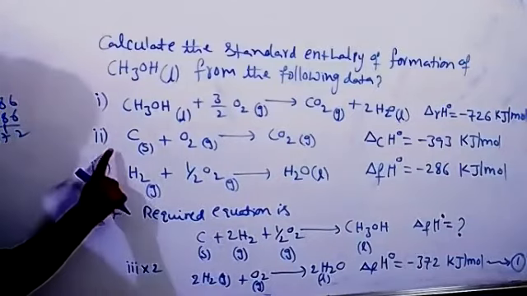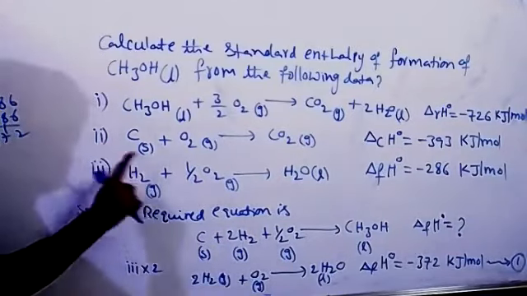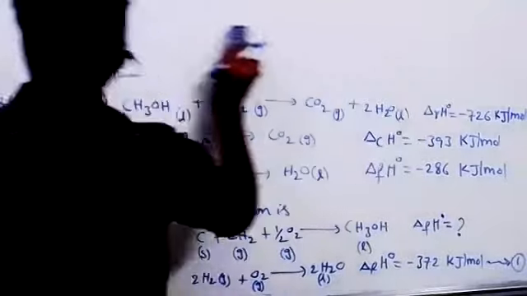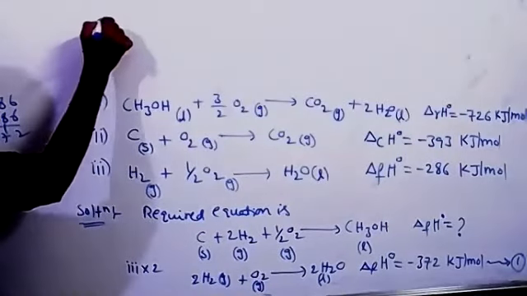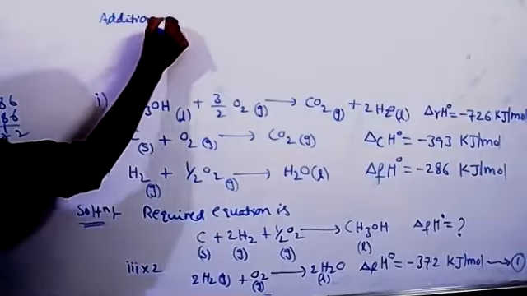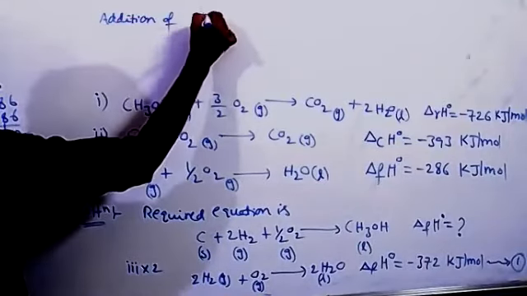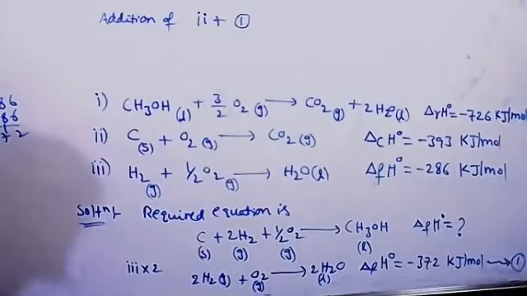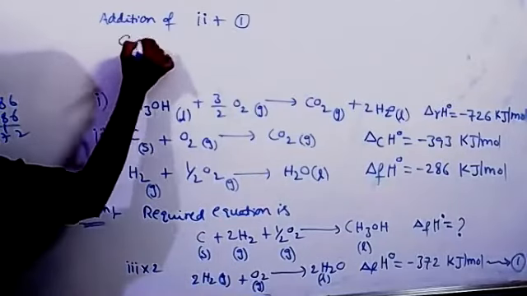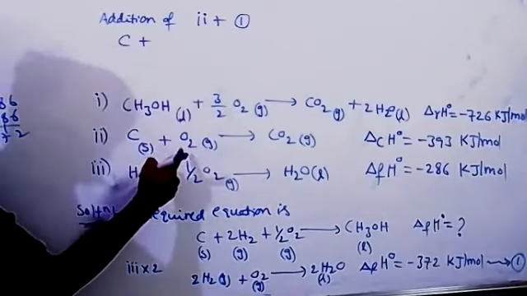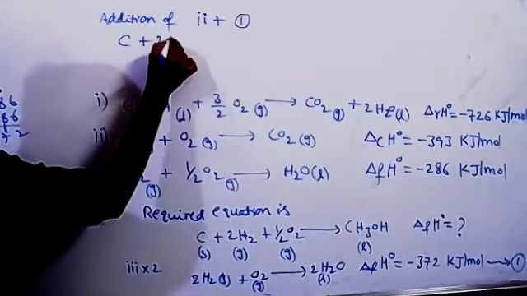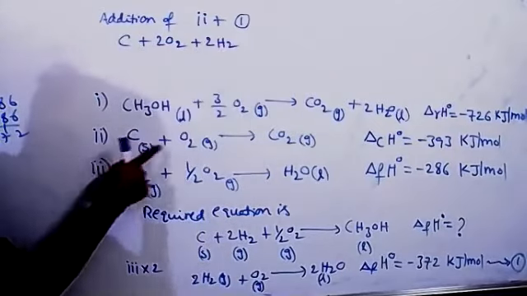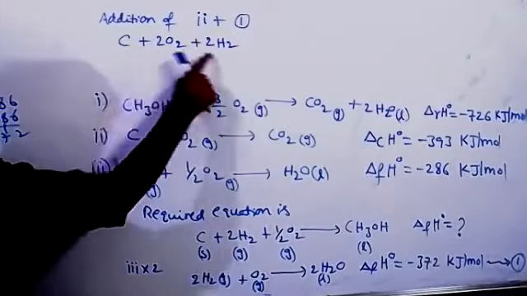Next, addition of equation 1 plus this equation 2. So C plus O2, here also one O2 is there, so we can write C plus 2 O2 plus 2 H2.